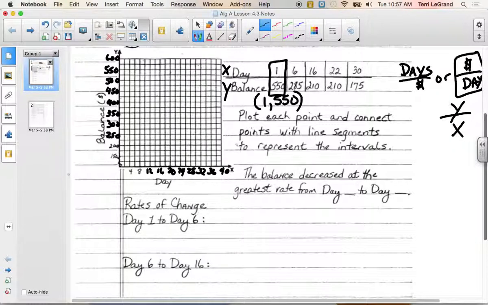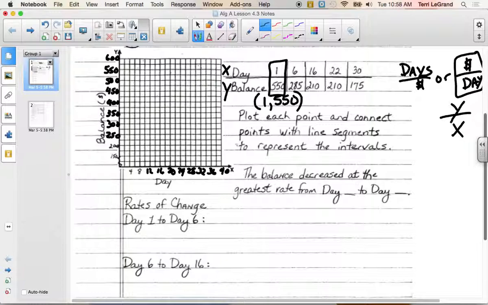Yeah, it's okay. And when you're done numbering up the y-axis, you should end at 600. It's going up by 50s, but in reality, we're just numbering every other grid line. Okay? So now we're ready to plot our points. So we're going to go to (1, 550). Now, be really careful because we don't have a grid line that represents 1 day.